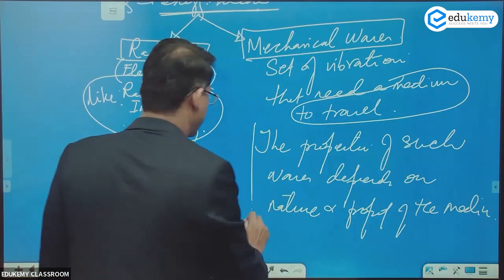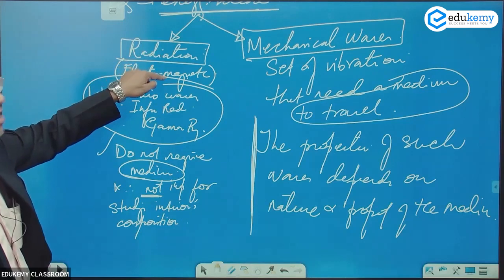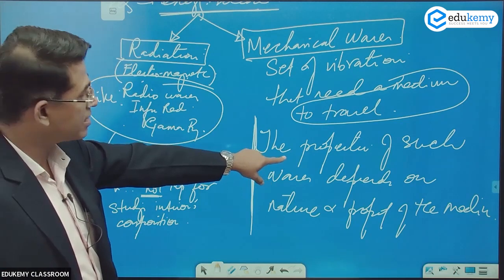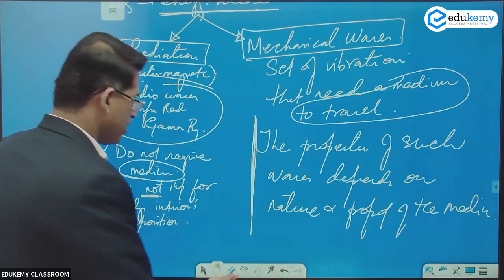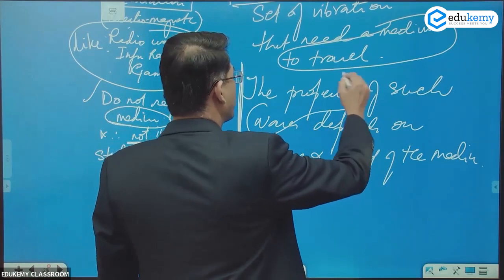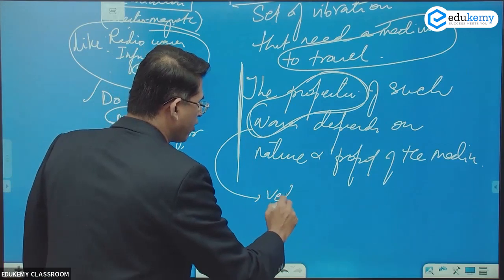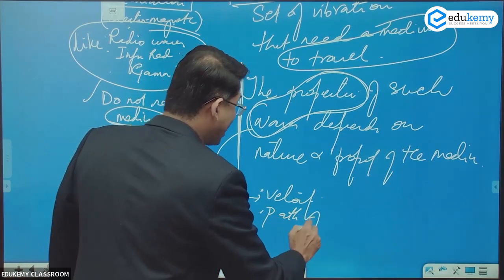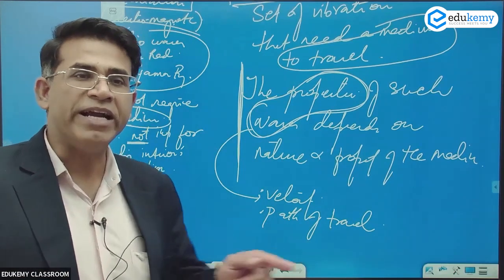This is an important point. The electromagnetic radiations, their property does not depend on the medium. But in this case, the properties of the waves depend on the medium. When I say property of the waves, what do I mean? This basically means their velocity of travel, their path of travel, at what speed they move.